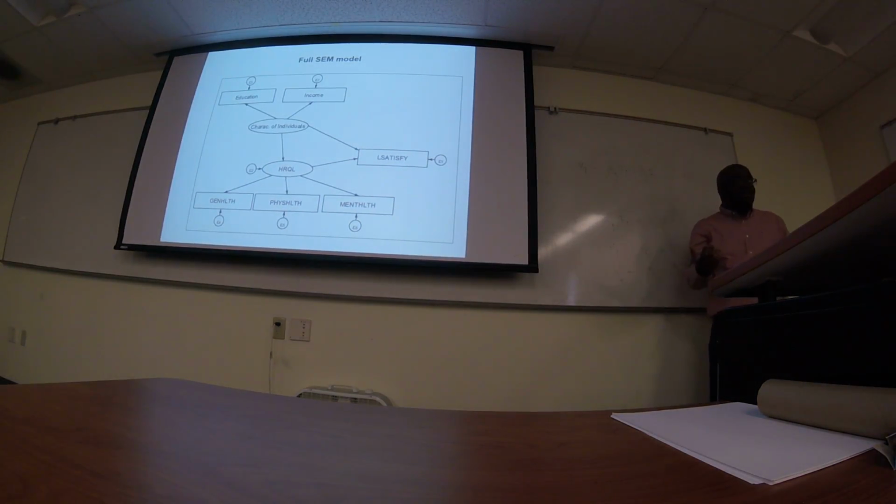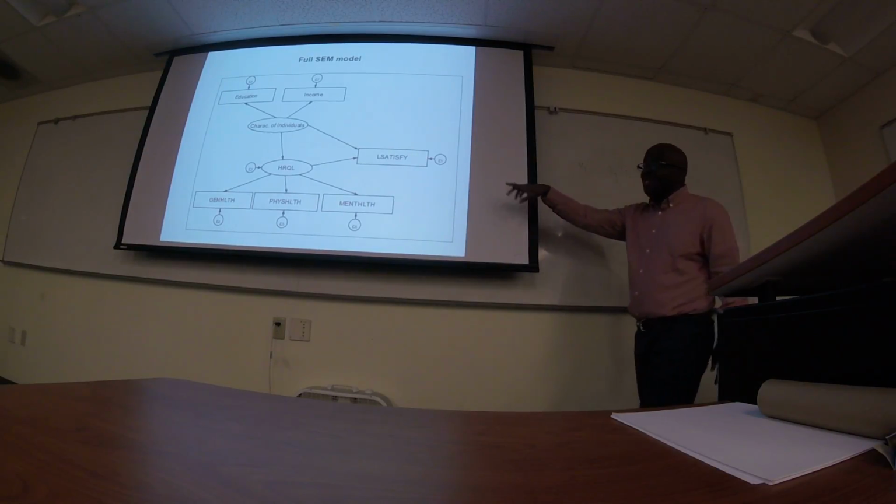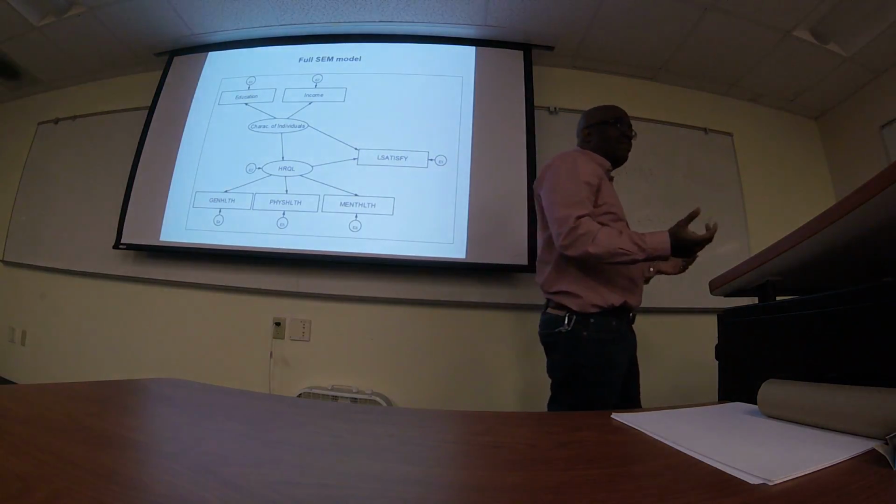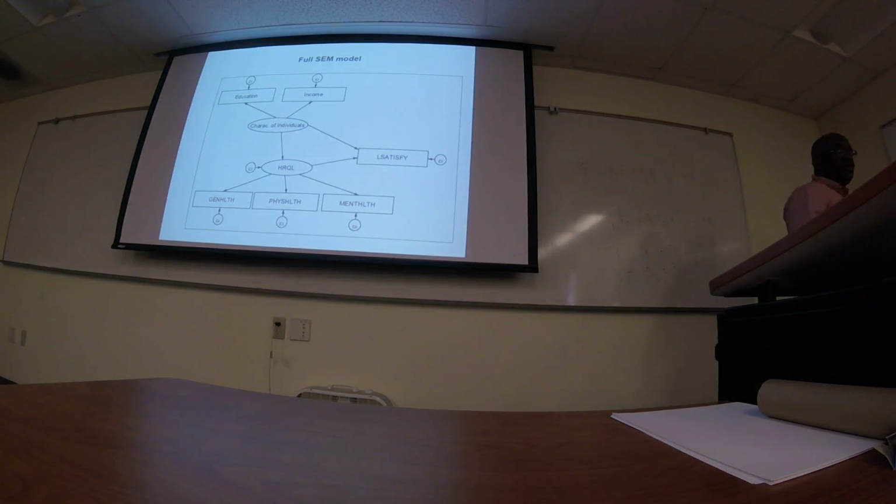You can estimate this model and find, oh, this relationship is not significant, then you can take it out of the model. But you start with a full model based on the literature, and sometimes you come up with the model, or you can take a model from someone, improve it, and then estimate.